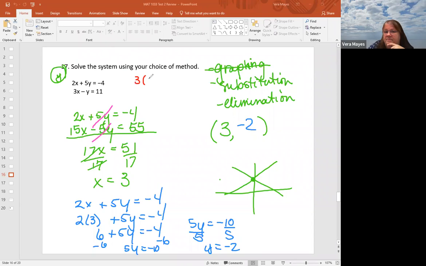So 3 times the x value minus the y value is supposed to equal 11. So this is my check. So 9, I get a negative times a negative, that gives me a positive. 11 equals 11, right? Yep. Yay, so we know we're right.